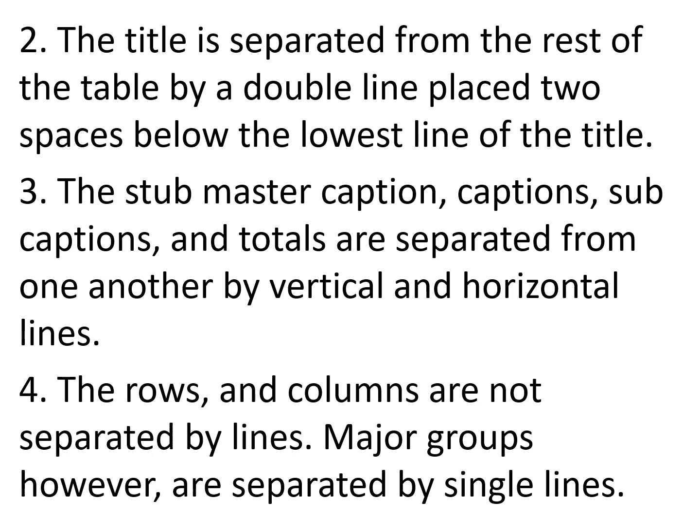The stub, master captions, subcaptions, and totals are separated from one another by vertical and horizontal lines. The rows and columns are not separated by lines, but major groups, however, are separated by single lines.